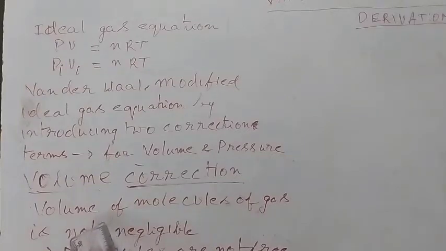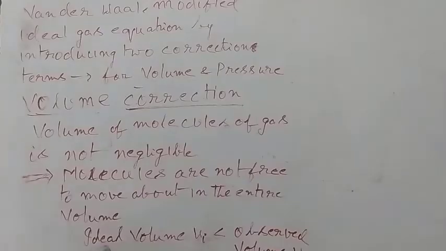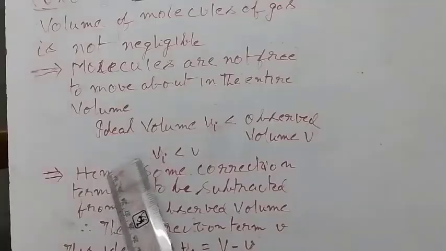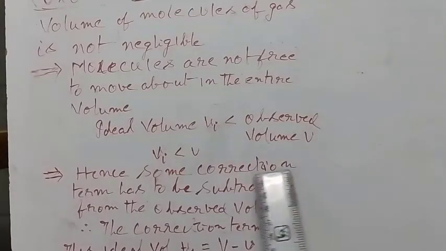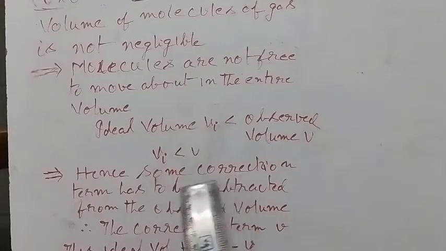The first one is that the volume of the molecules of a gas is not negligible when compared to the volume occupied by the gas. That is, the molecules are not free to move about in the entire volume. That is, ideal volume Vi is less than the observed volume V.